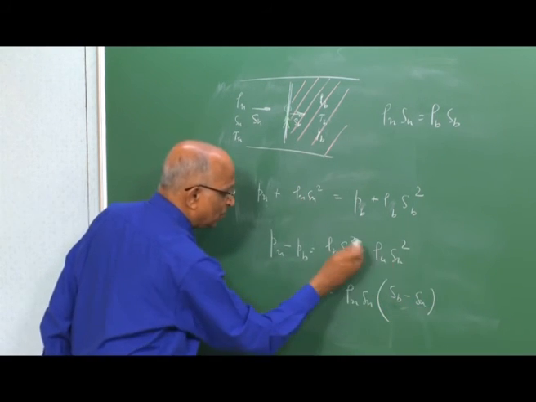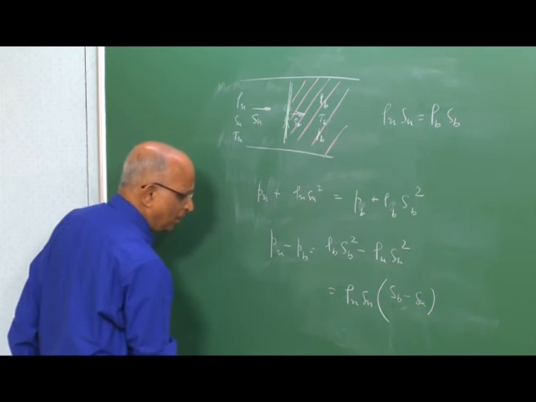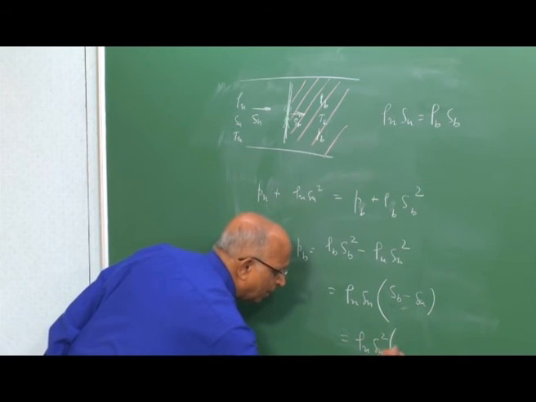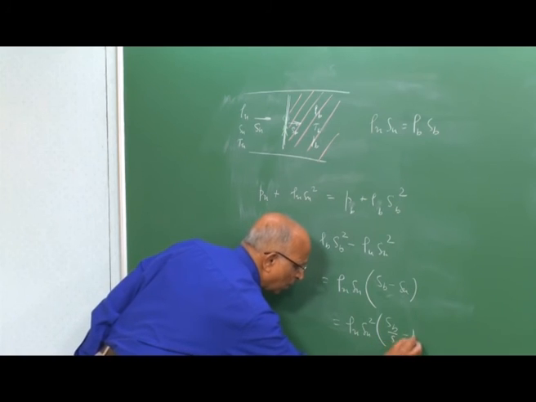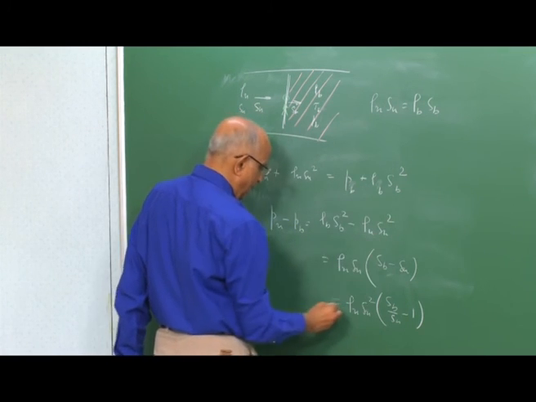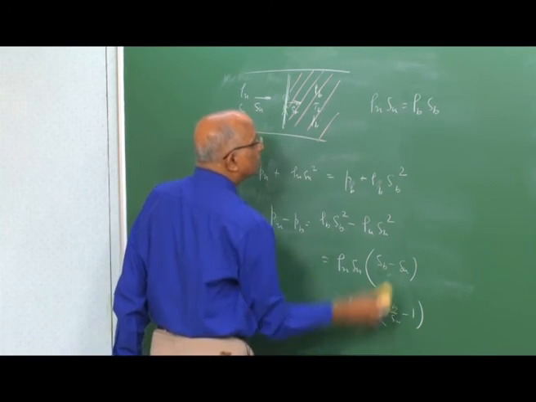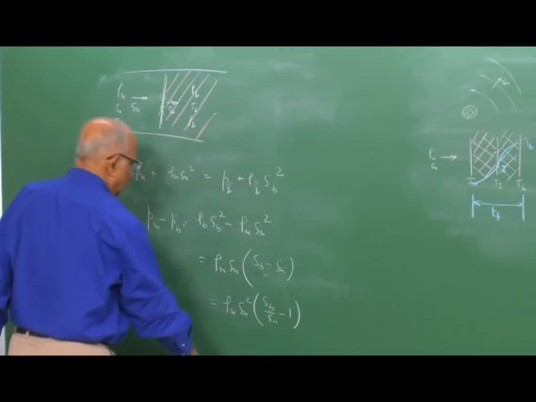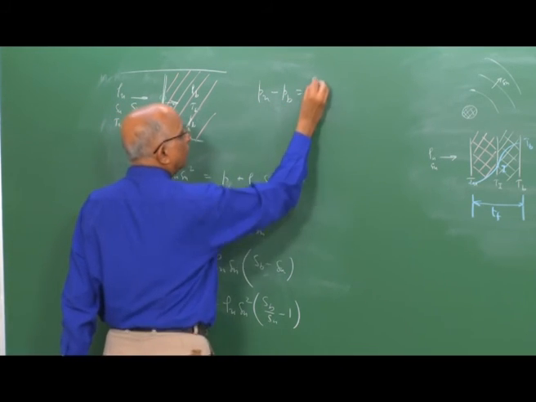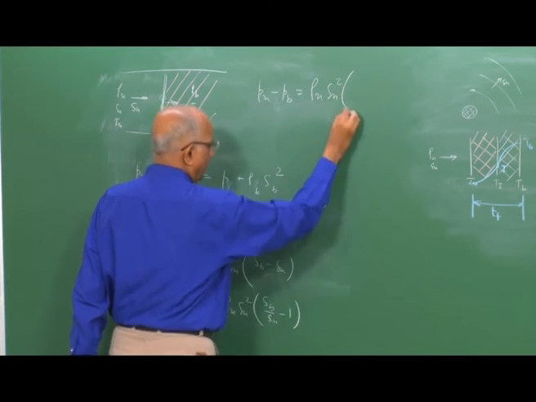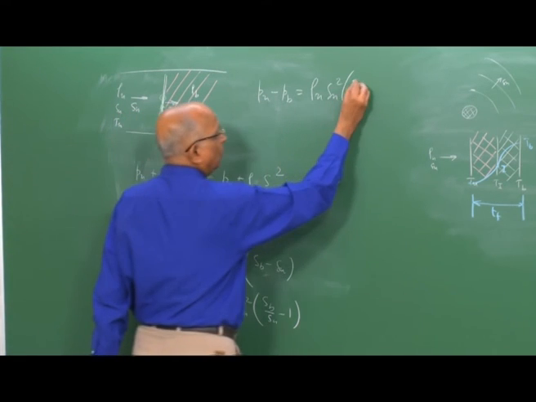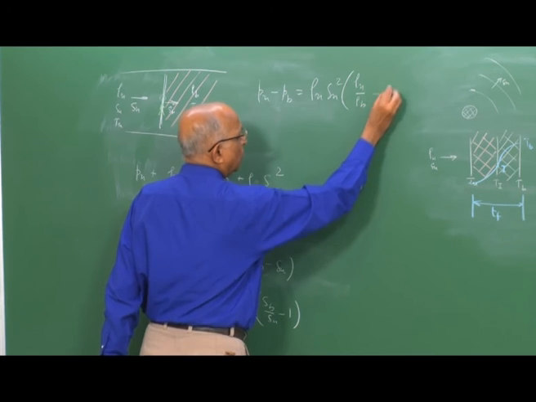Taking SU outside, I get rho u SU square into SB by SU minus 1, but SB by SU is equal to rho u by rho b. Therefore, the pressure difference is Pu minus Pb equal to rho u into SU square into rho u by rho b minus 1.